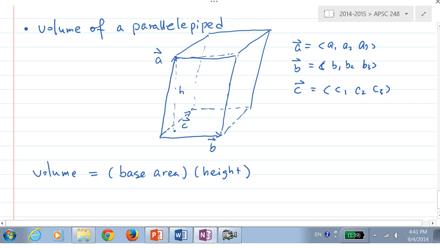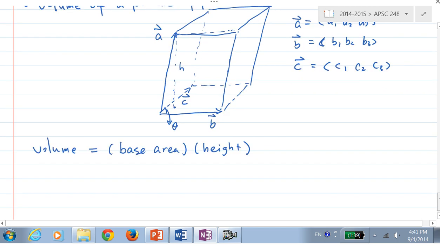Suppose that the angle between B and C is theta, given this symbol right here. You may or may not need that. Now let's plug in the information according to base area times height. First of all, what is the base area? Parallelogram. Didn't we just find it?